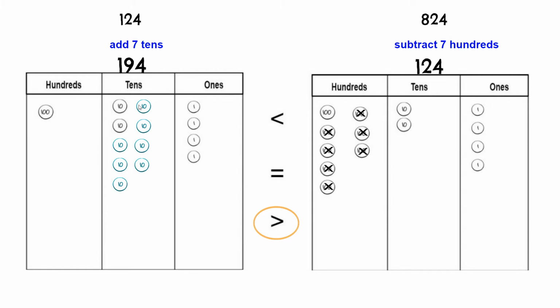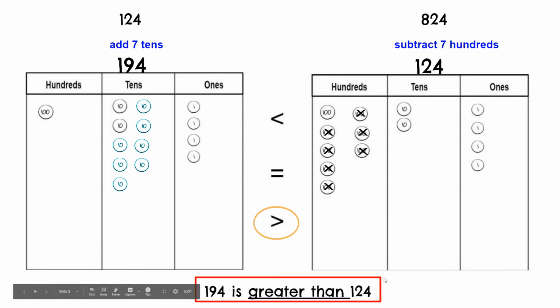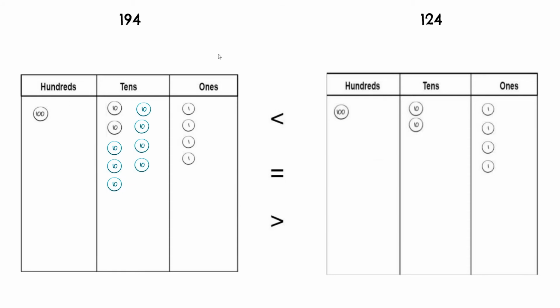But when we move to the tens place, we can see that 194 has 9 tens and 124 has only 2 tens. They both have 4 ones, but when we look at the tens place, we can see the difference. So we would say that 194 is greater than 124. Here's the symbol.